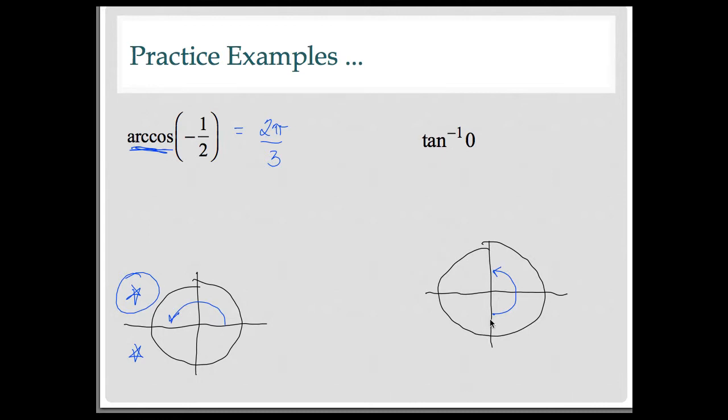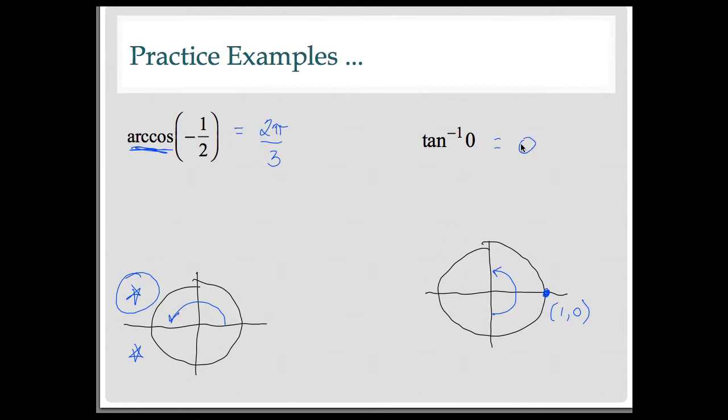So you're kind of starting down here at negative pi over 2, going through 0 up to positive pi over 2. Think of it as almost like a number line, linearly. So you want to know where in there is tangent 0. Well, the only place that's going to happen is over here. Remember, tangent you get by doing y over x, so you have 0 over 1. So this is simply 0.